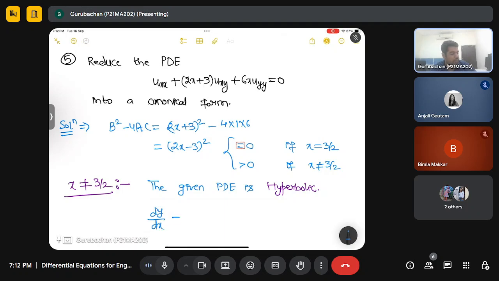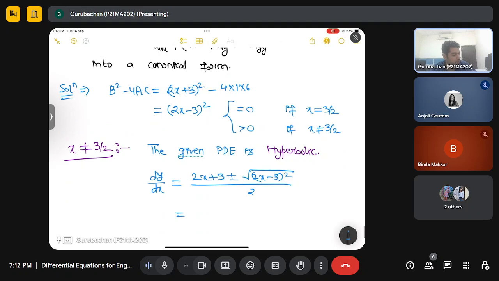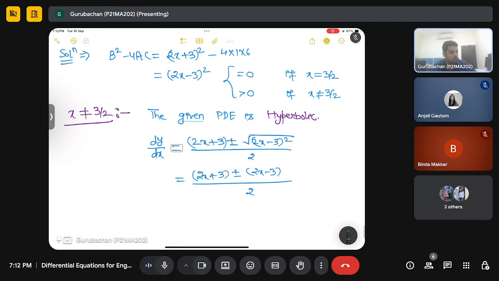dy by dx will be 2x plus 3 plus minus under root of the value of b square minus 4ac, that is (2x minus 3) whole square, divided by 2, which will give us 2x plus 3 with plus minus 2x minus 3 divided by 2. When we add these, 2x plus 2x will be 4x, and at the end we'll get 2x.